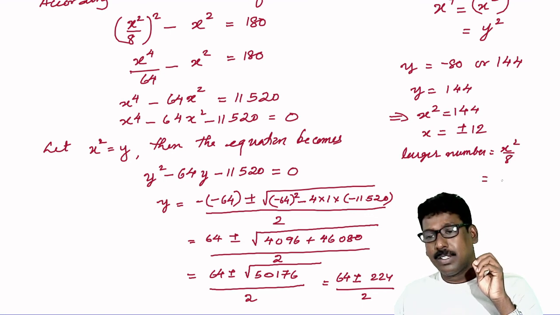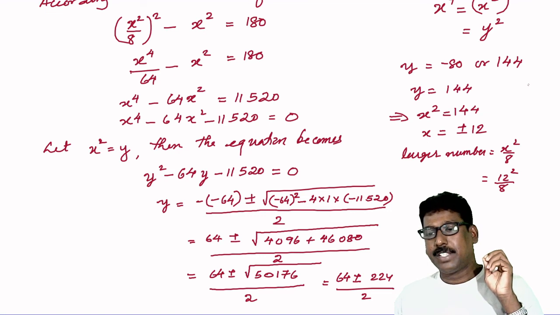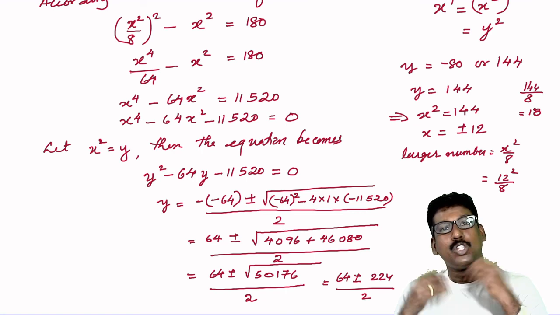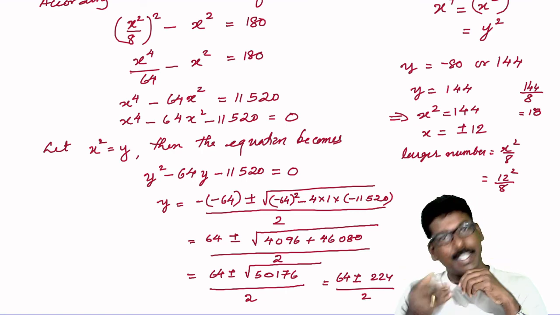That means 12 square by 8. It is 144 by 8, which you will get as 18. Therefore, the numbers are 12 and 18 or negative 12 and 18.